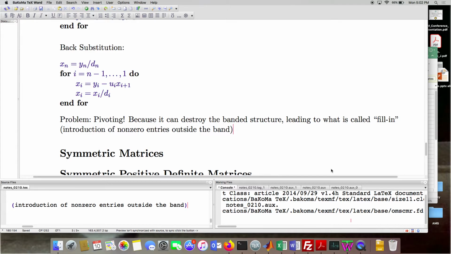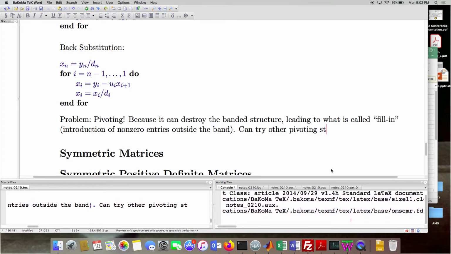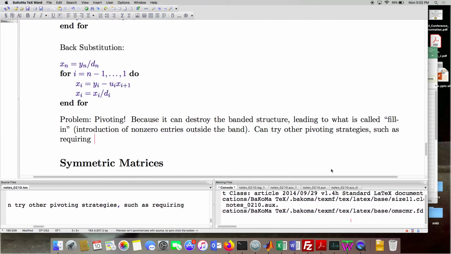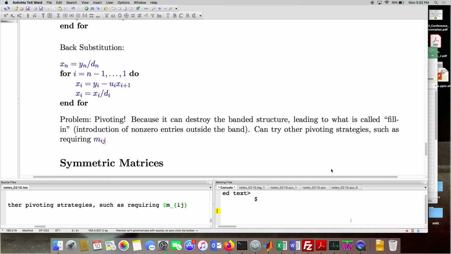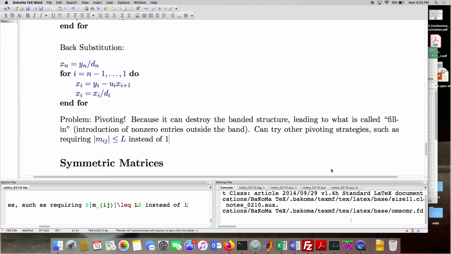So what can you do about it? Because the need for pivoting has not gone away. You can try other pivoting strategies, such as requiring that the multipliers in absolute value be less than or equal to some threshold L instead of 1, which is what partial or complete pivoting would give you.